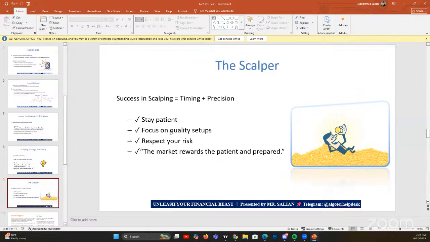Then you think, oh no, it's going to hit me, I'm going to move my stop loss somewhere safer. But price goes in the opposite direction, and you're still risking 20%. Now you lost $2,000 because you didn't respect your risk. So you have to accept that.